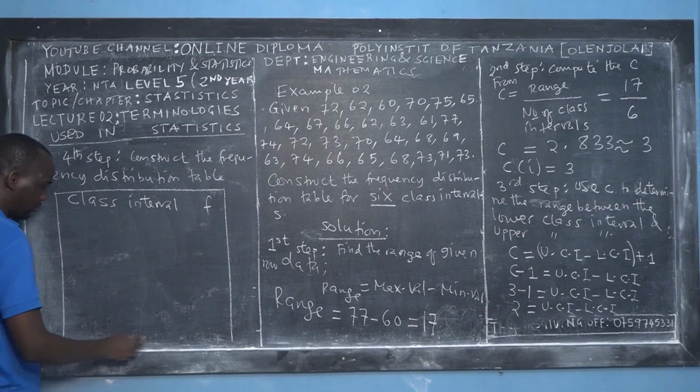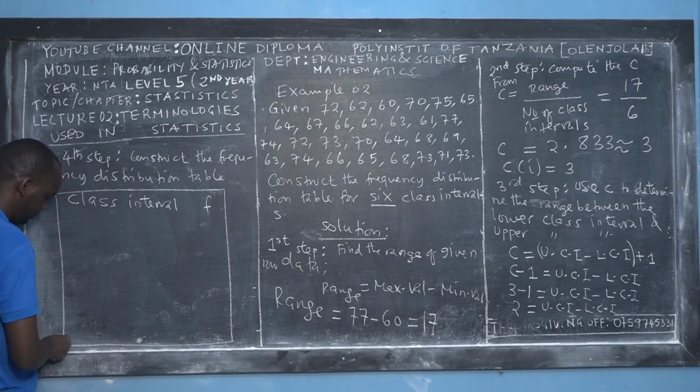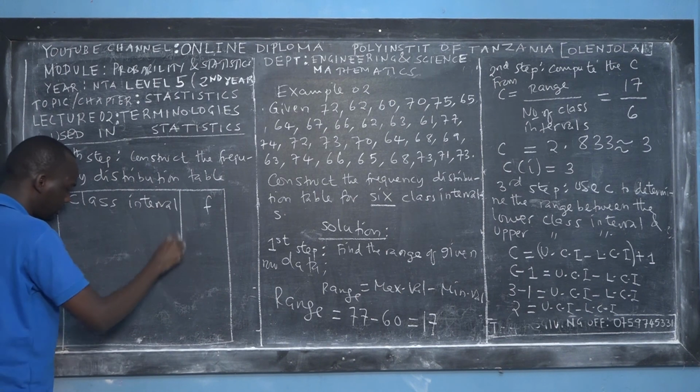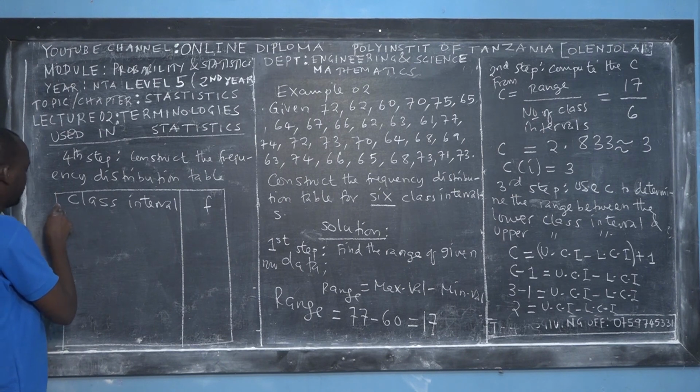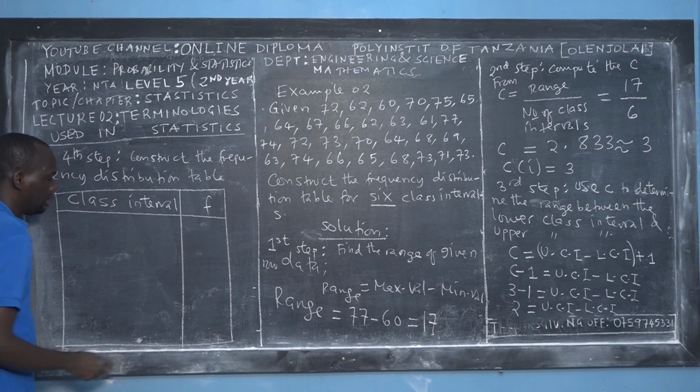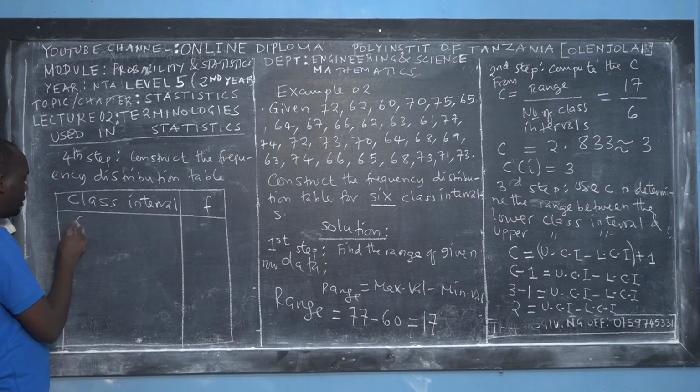So we have to formulate 6 classes or 6 class intervals. The first class interval is from 60, and then you add 2.